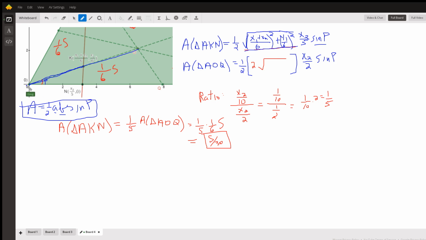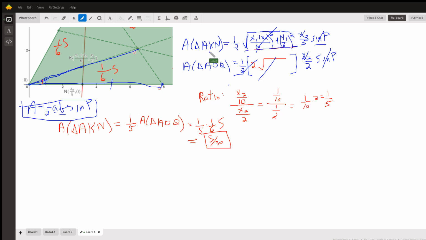And then the distance from A to Q, since this was the midpoint of AC, is half of x2. And if we set up a ratio, almost everything cancels out. These radicals cancel out, the x2's cancel out, the sines of P cancel out, and we end up getting the ratio 1:5.